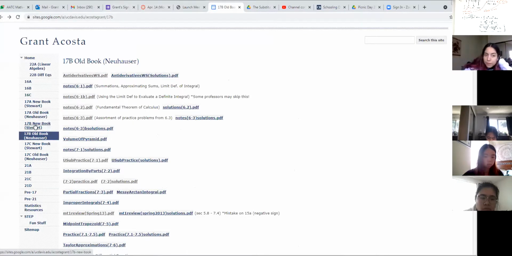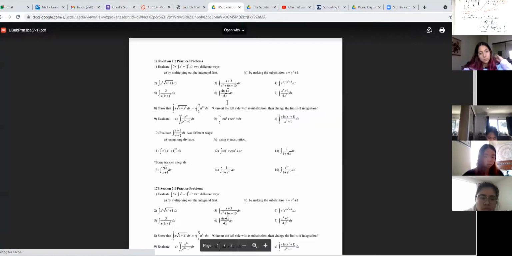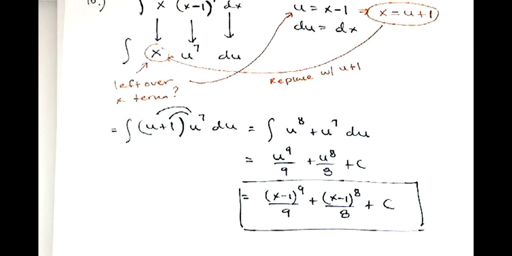You should be looking for everything on the new book that we're using now, but on my old book, 17B old book, I have some U-Sub practice here. It was a different chapter section, U-Sub practice with solutions. So if you're looking for some practice problems that you could go check your answer with U-Substitution, there's 15 more problems right there. So, all right.